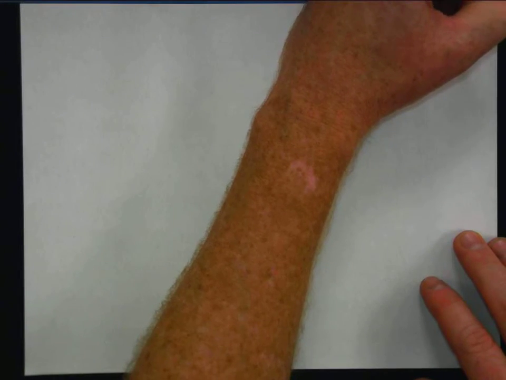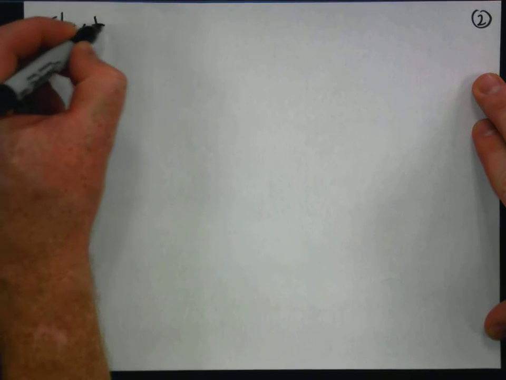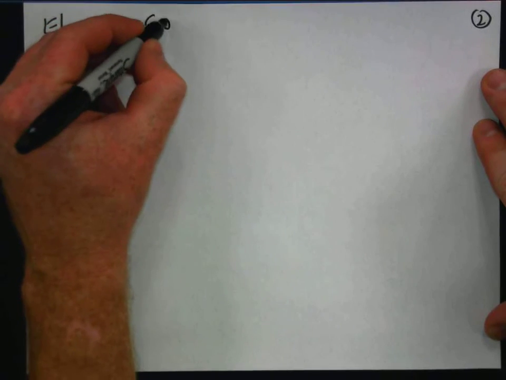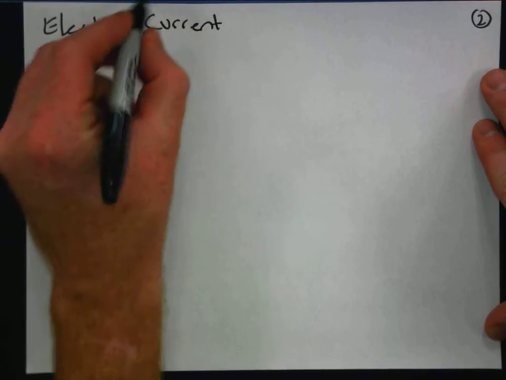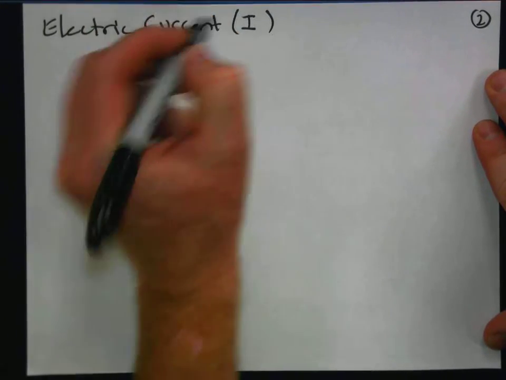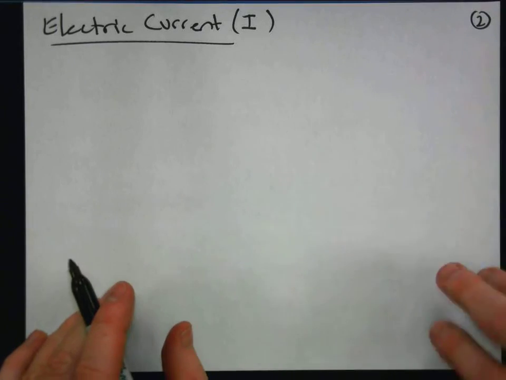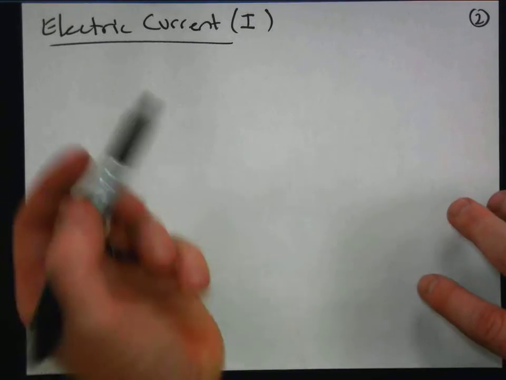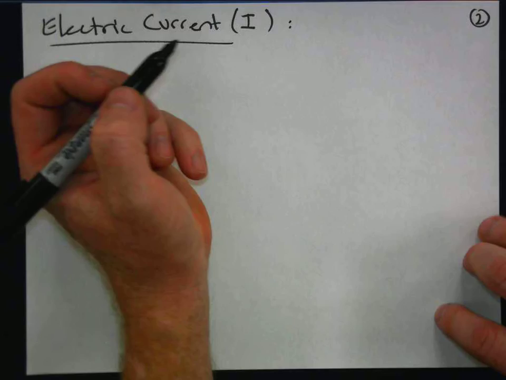So now let's talk a little bit about electric current and get some things defined for us here. Electric current. The symbol for electric current is usually a capital I. And let's try to define what current is.